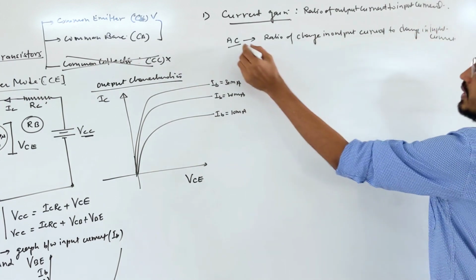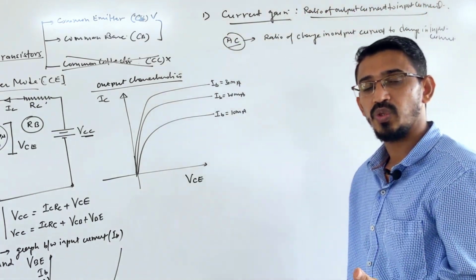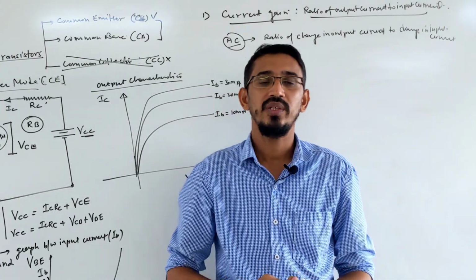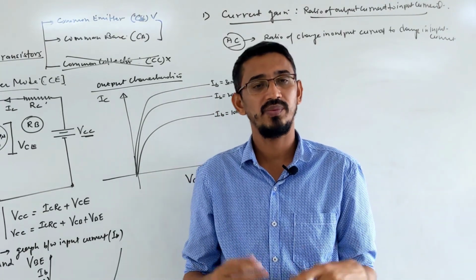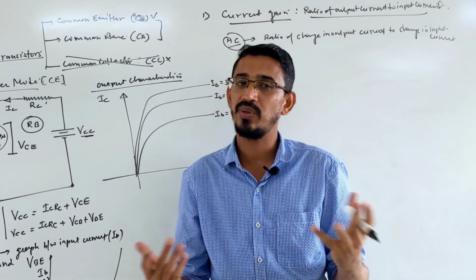If they're talking AC, you'll say it this way. DC means directly you say ratio of output by input is called current gain. Same way we'll talk voltage also. Ratio of output voltage to input voltage is voltage gain. Same way power, output power by input power. Same for resistance.